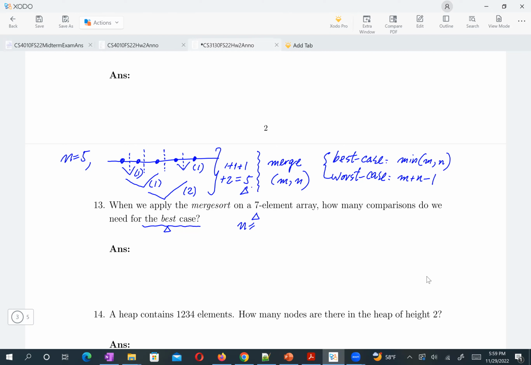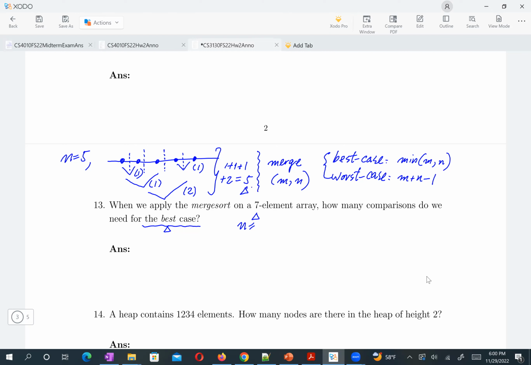When you merge, basically you reverse your splitting procedure. So then you will get the correct answer.